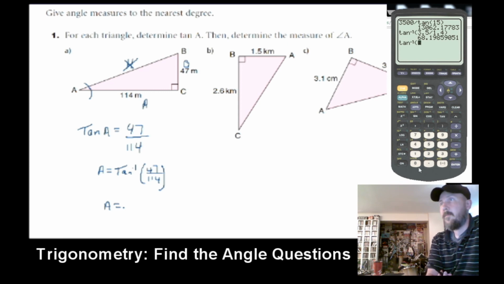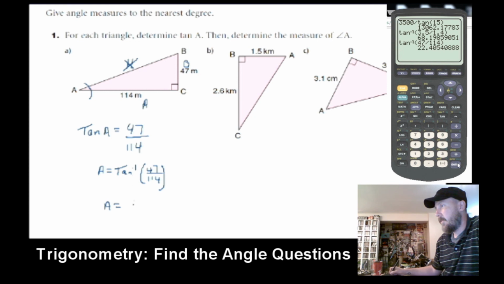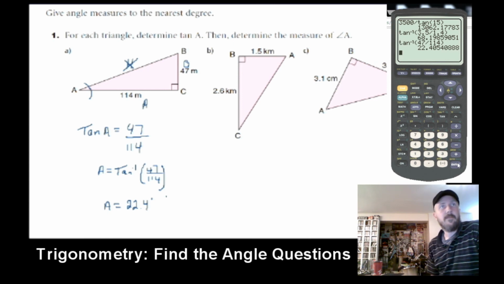Second tan, 47 divide by 114, equals, boom, that angle is 22.4 degrees. There we go. That's it. That's how easy these are.